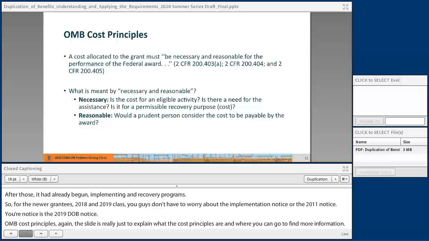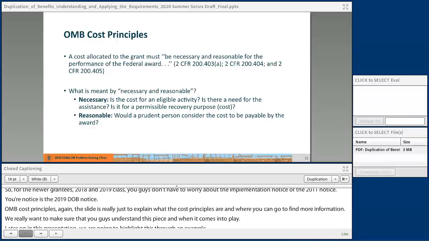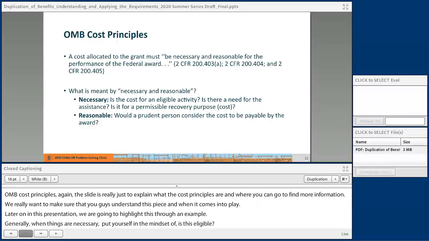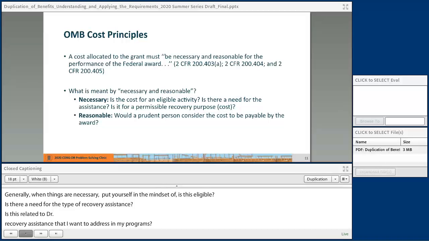Generally, when you're thinking necessary, put yourself in the mindset of: is this eligible? Is there a need for this type of disaster recovery assistance? Is this related to the disaster recovery assistance and purposes that I want to address in my CDBG-DR program? And when you're thinking reasonable, think: what would a prudent person consider the cost to be payable or reasonable?